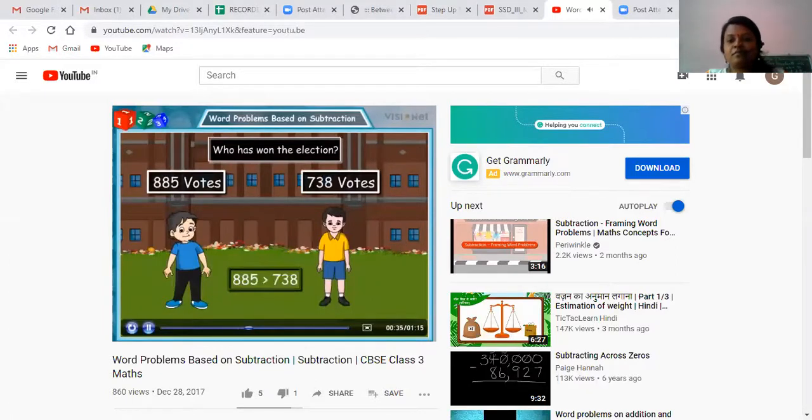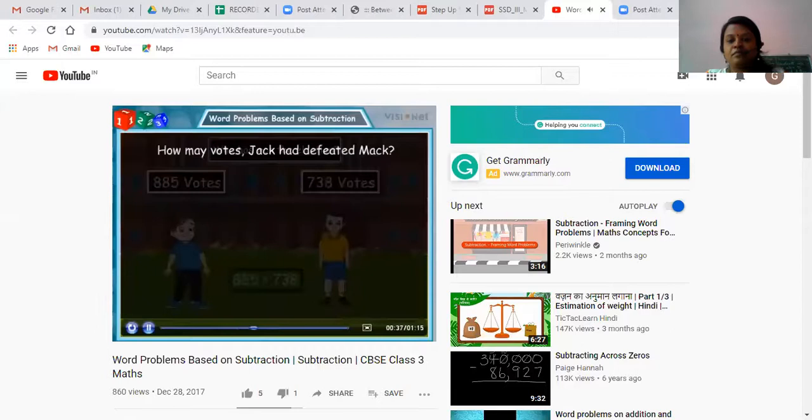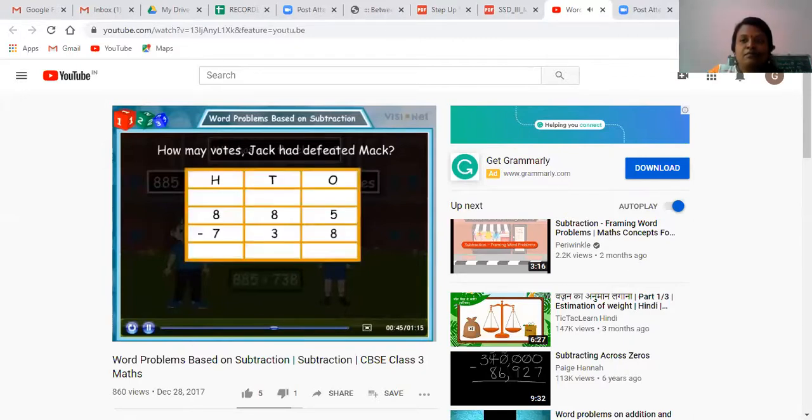Now can you tell by how many votes Jack has defeated Mac? Yes, it is simple. You just need to subtract these two numbers. The subtraction is 885 minus 738 is equal to 147. So the difference is 147.